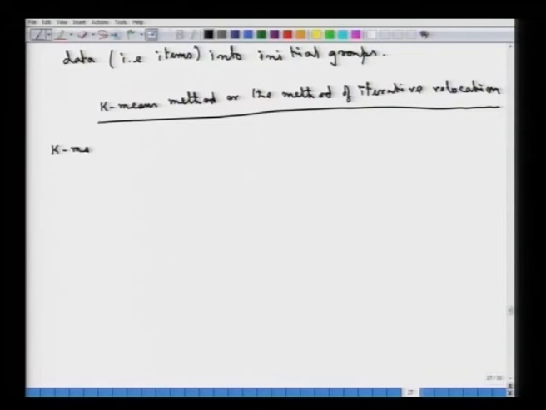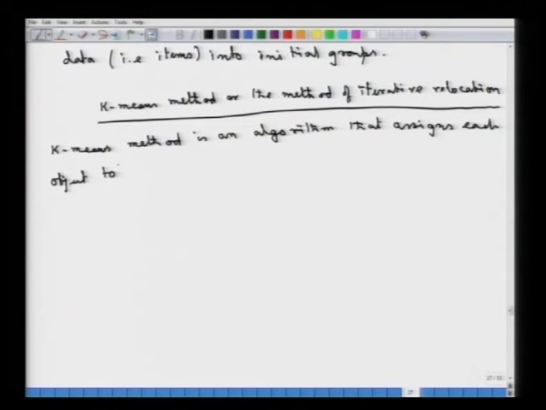Now, I will just explain how the k-means method actually goes about. The k-means method is an algorithm that assigns each object to the cluster having the nearest nuclei or centroid.